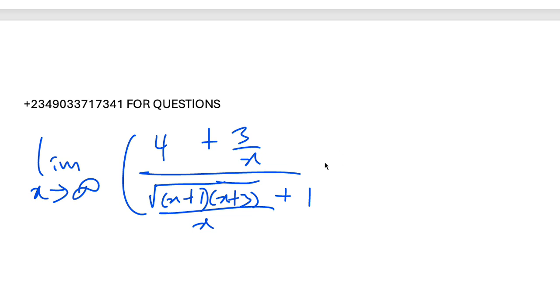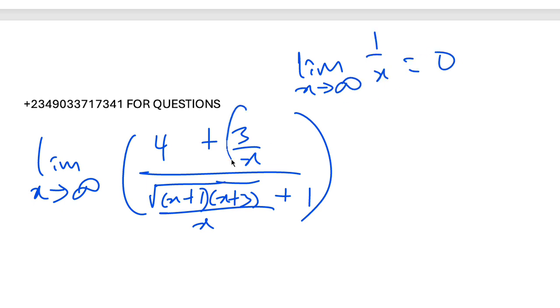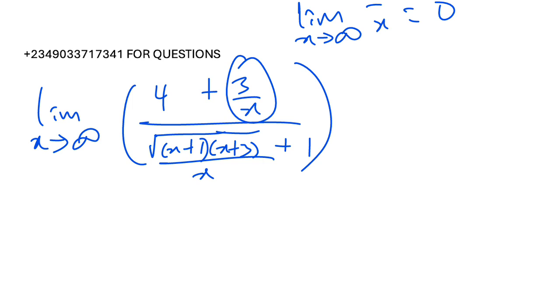An important thing to know about limits as x tends to infinity is that the limit of 1 over x is 0. So this automatically becomes 0. Since we have a root function on top and just x below, to synchronize everything, what we do is make x a root.